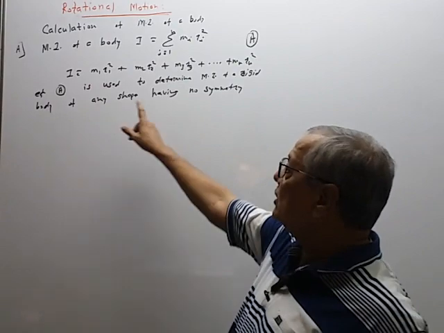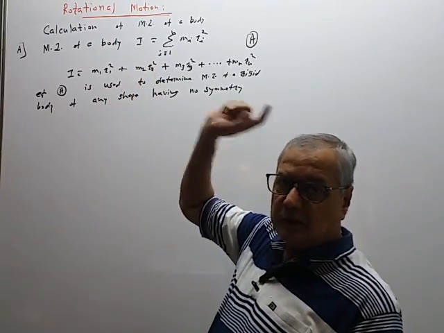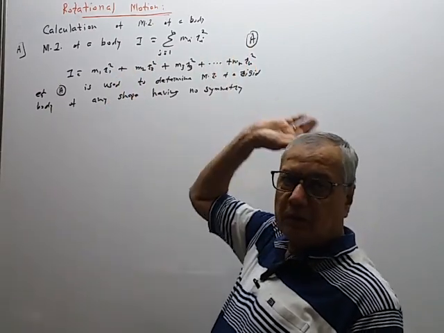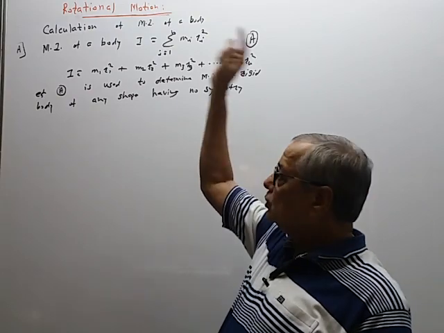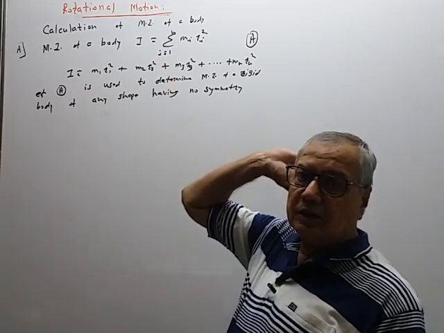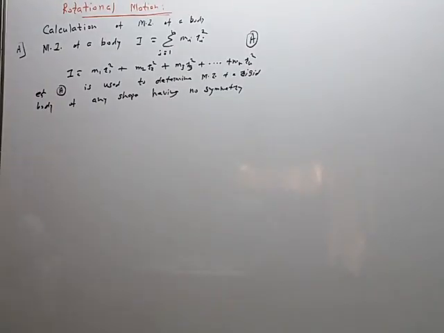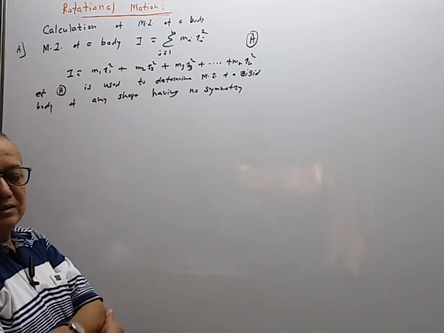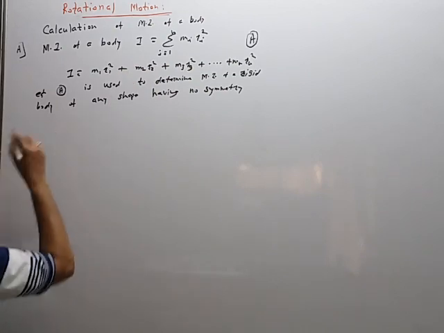So this method is not practicable. Practically it is not used because we have to take n observations. The number of particles is very large. It may be an Avogadro number. So this equation is not practicable because we have to take so many large observations. N observations for mass and n observations for distances. So this method is impracticable.